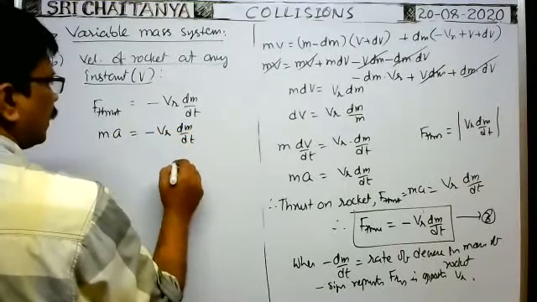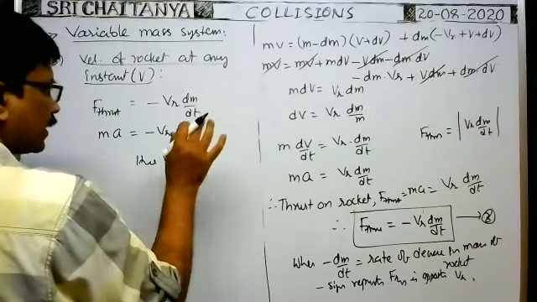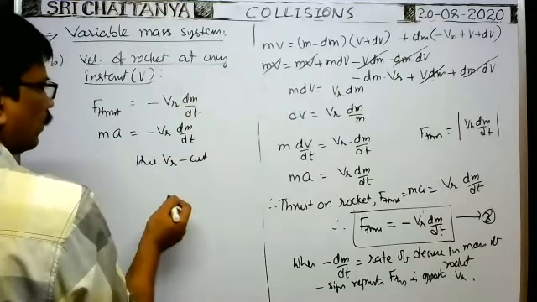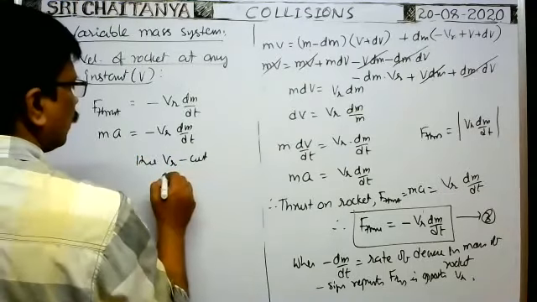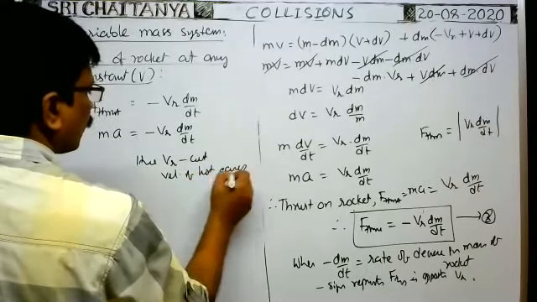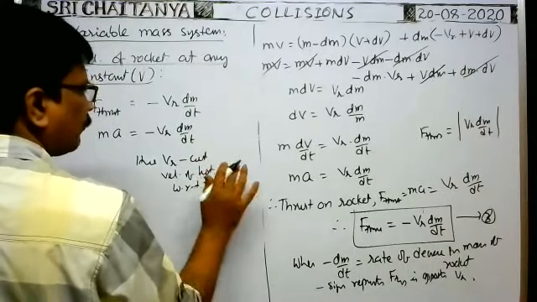Here Vr is constant. That is the velocity of the hot gases with respect to the rocket, and it remains constant for the given design of the rocket.